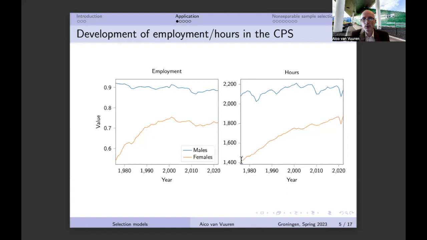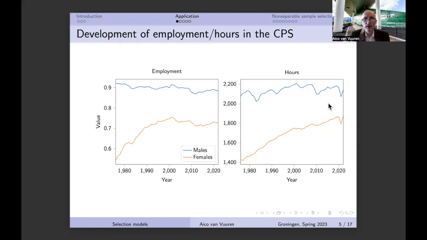At the same time, we do see that the number of working hours for women was much lower, starting a little over 1,400, but the working hours have been increasing quite drastically over time. Also here we have the corona dip, but apart from that there has been a quite strong increase in the number of working hours over time for women.